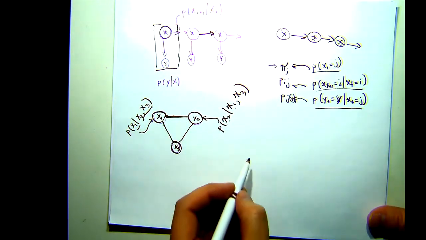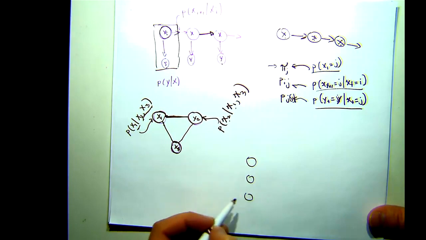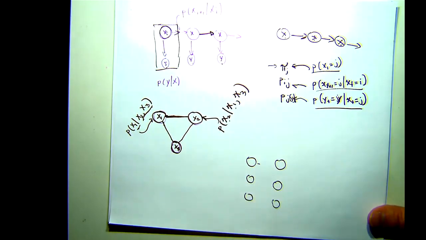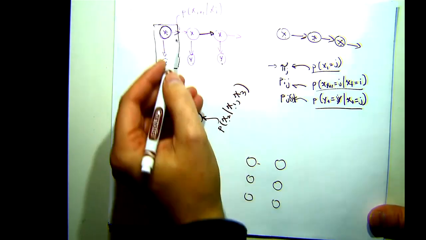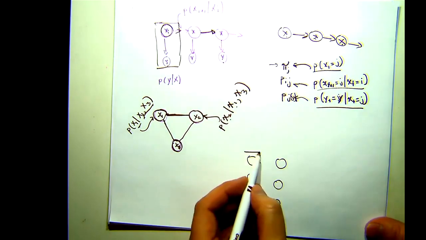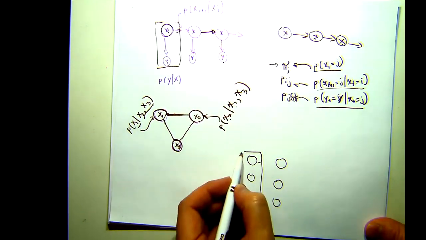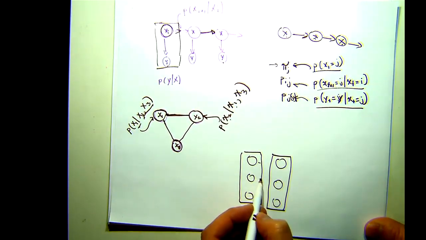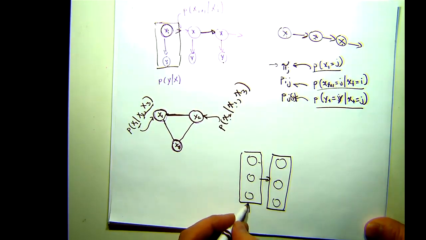If we have 3 states, this is where it gets a little complicated, because the trellis is really sort of drawing something like this. Sorry, the Y is down here.